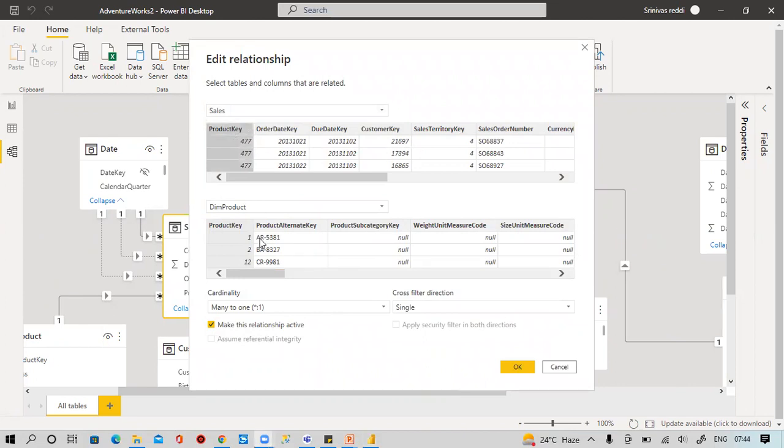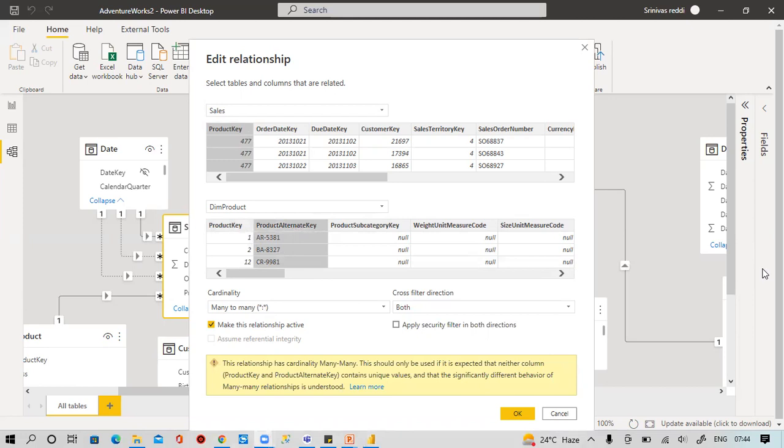Here also we are pointing to the product key, not joining to any other key. If, for the time being, it is the product alternative key, it won't slice data properly. Sometimes it accepts it. Fortunately, here it is not accepting since it has duplicate records. That is the reason the cardinality comes as many to many.